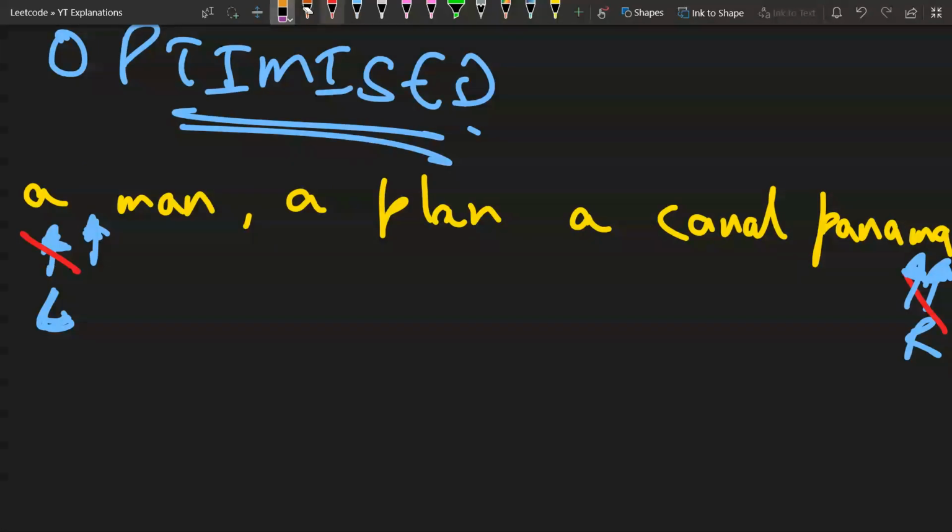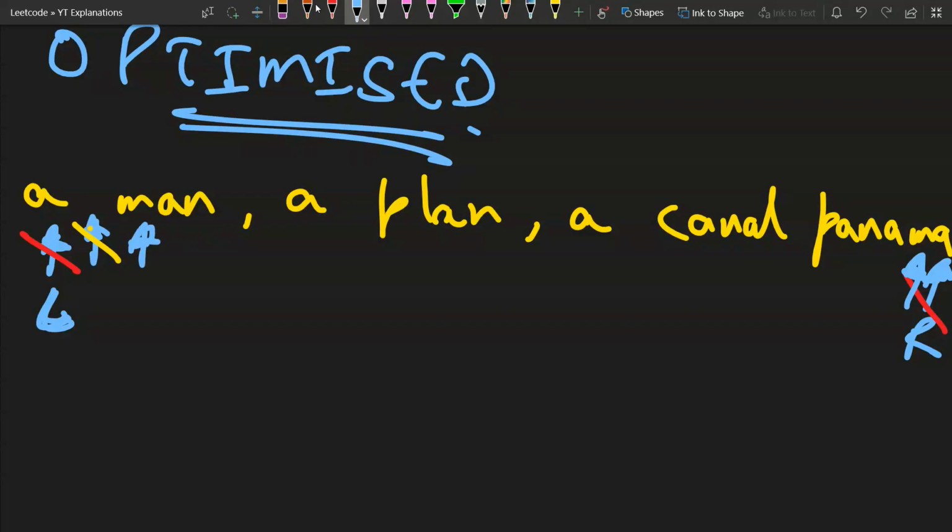That's how we go about solving this question. Once you have a special character, we just go to the next letter. So now I go to M here.